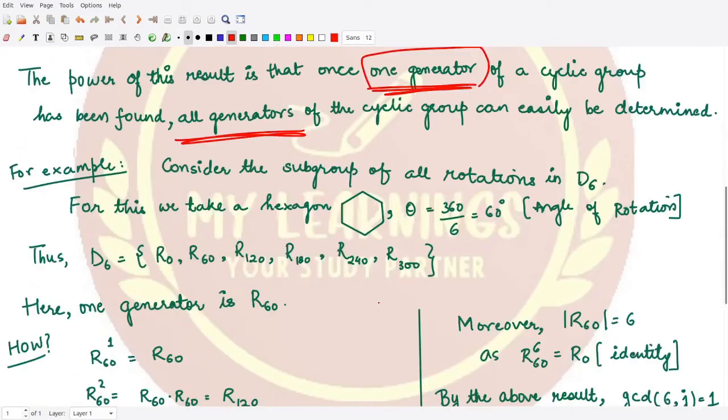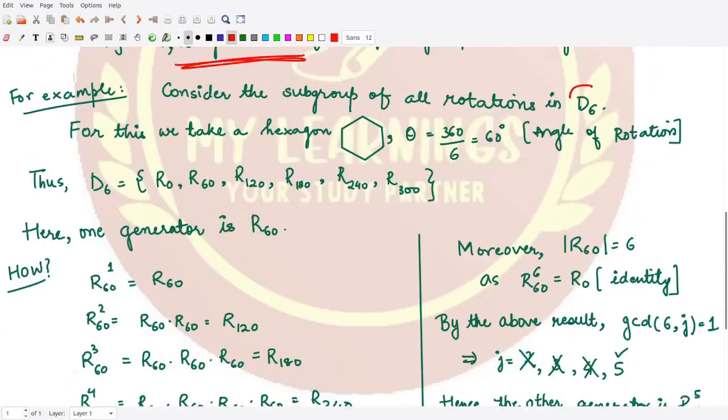For example, suppose we are taking the group D6. This is a group of rotations of a hexagon. A hexagon has 6 sides, so if we divide 360 by 6, we have the angle of rotation as 60 degrees. So the members of this group D6 would be R0, rotation with 0 degrees, R60, rotation with 60 degrees, R120, R180, R240, and R300, rotation with 300 degrees.